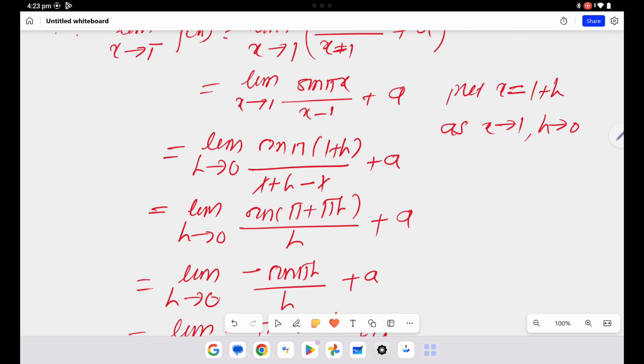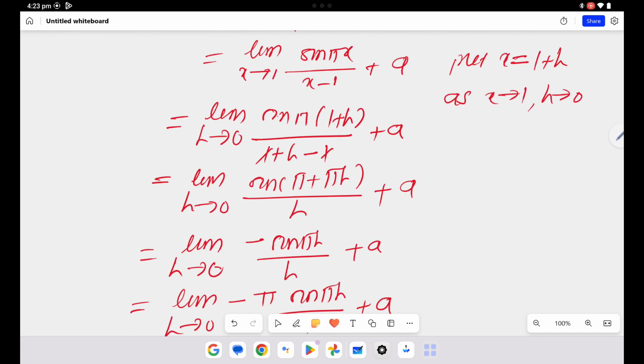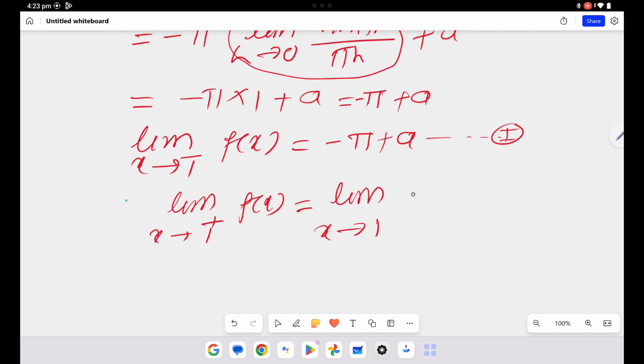For x greater than 1, the function is 1 plus cos pi x upon pi into 1 minus x whole square, plus the constant term b.